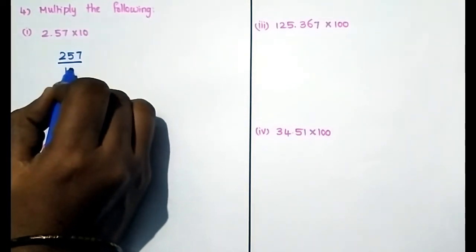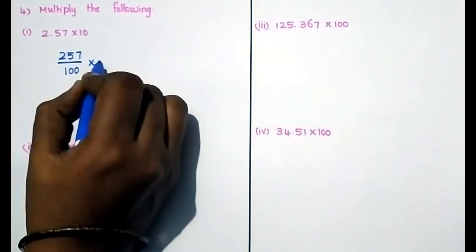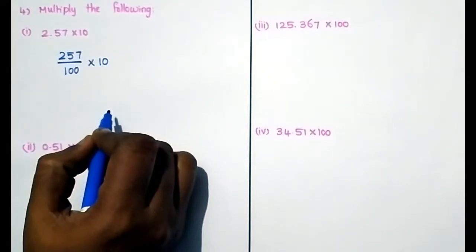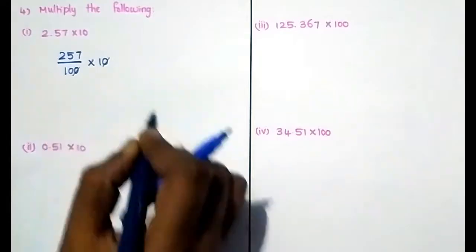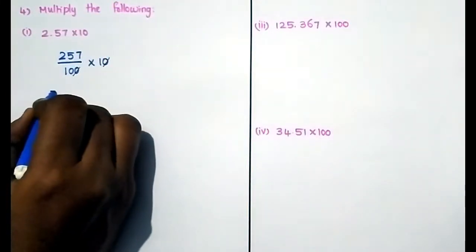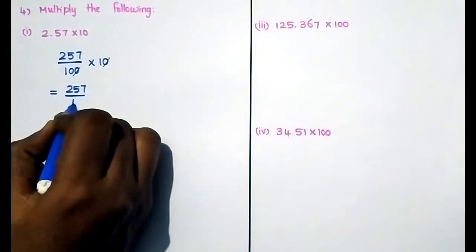So divided by 100 into already 10 is there. Now cancel this. 10 cancelled. Next step, 257 by 10.